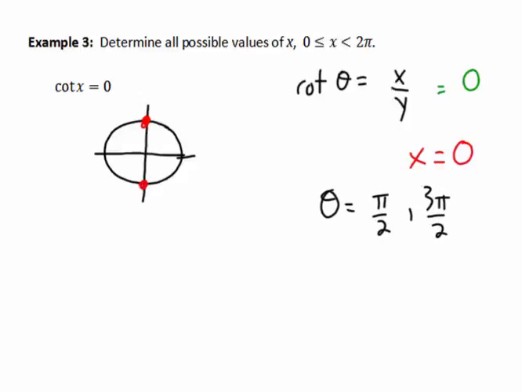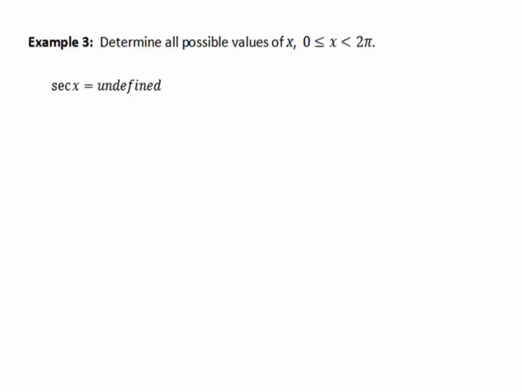And because we have that quadrantal angle, we know that we can find any of the values. So let's try one more. Where is secant theta undefined? Now secant is the same as 1 over cos theta. And remember, cos theta is x over r.